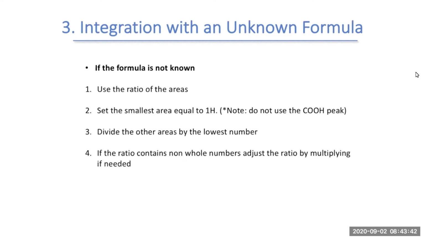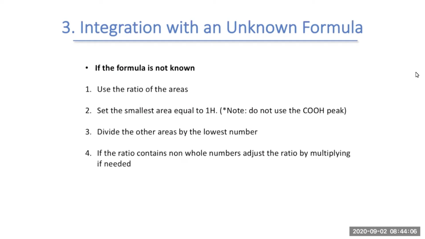Carboxylic acid exchanges with the solvent, so that hydrogen peak is typically less than 1. Once we've set the smallest area equal to 1 hydrogen, we divide all the other areas by that lowest number. If the ratio does not contain whole numbers, then we adjust the ratio by multiplying if needed to get a whole integer.